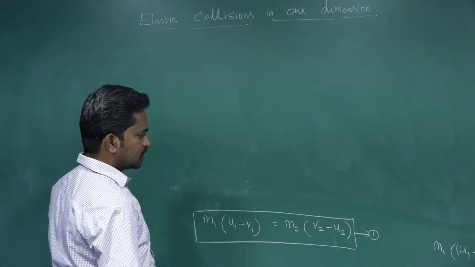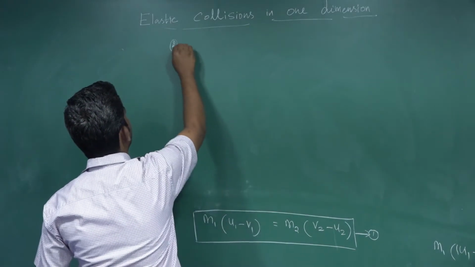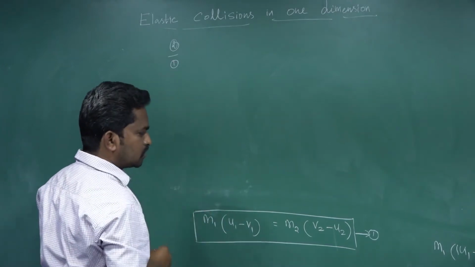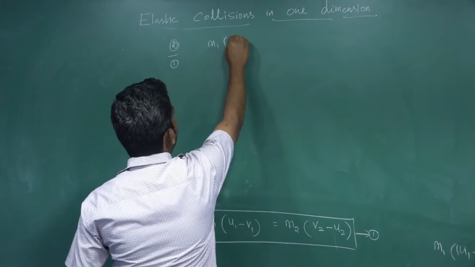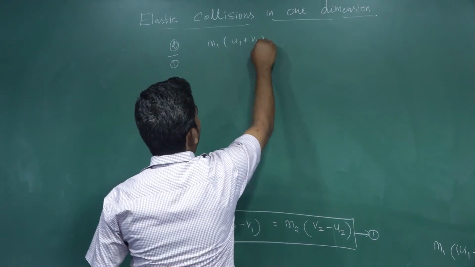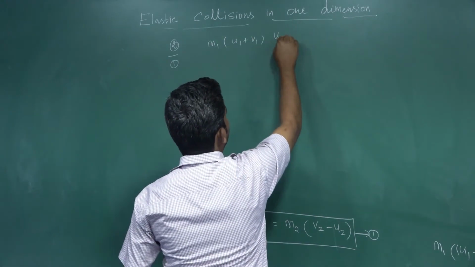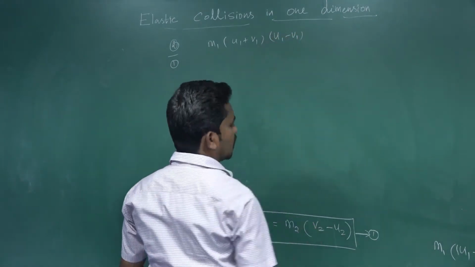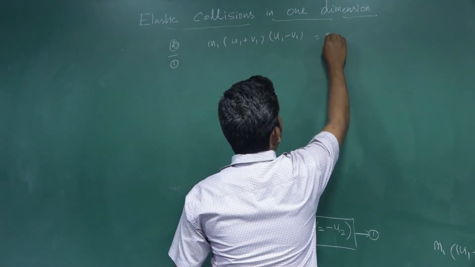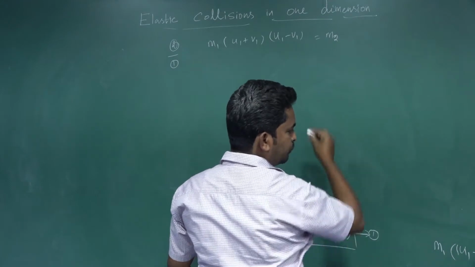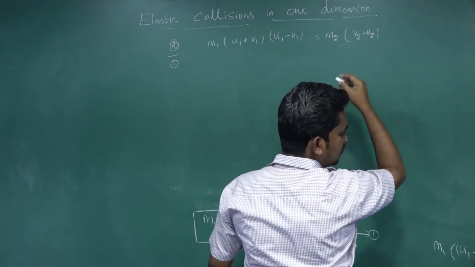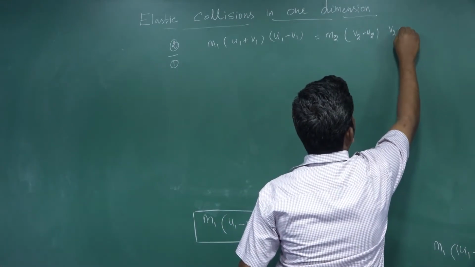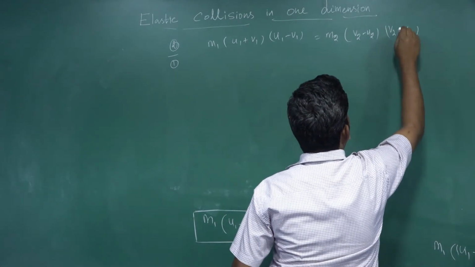What is equation 2? m1 of u1 plus v1 of u1 minus v1 is equal to m2 of v2 minus u2 into v2 plus u2.